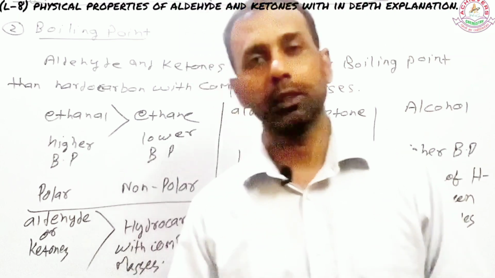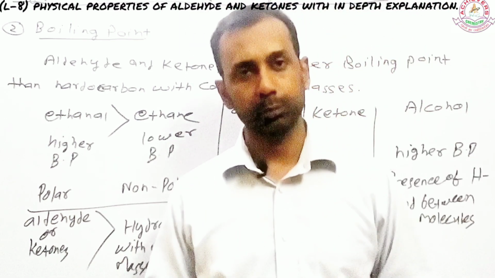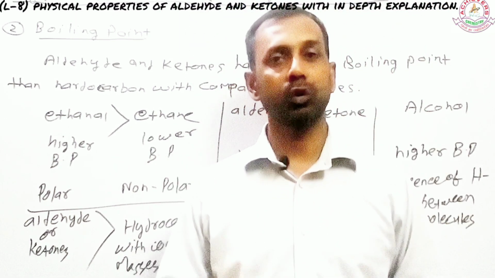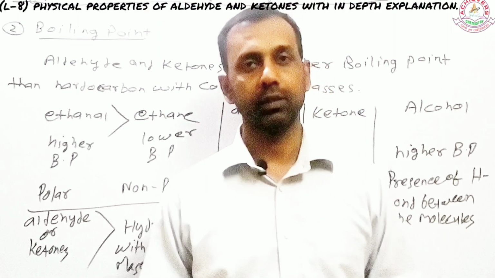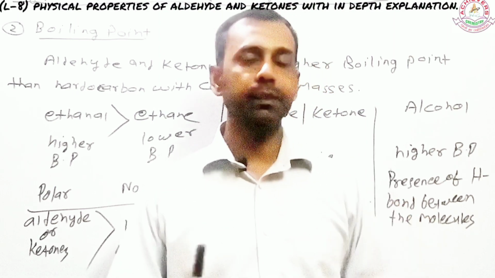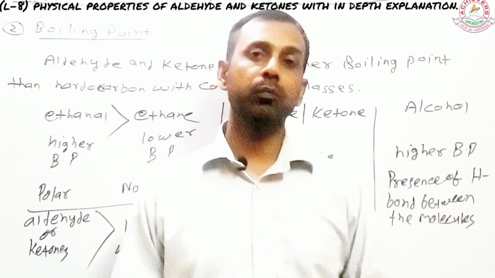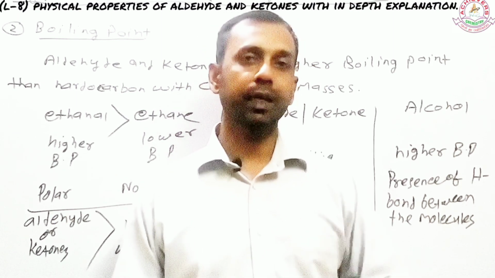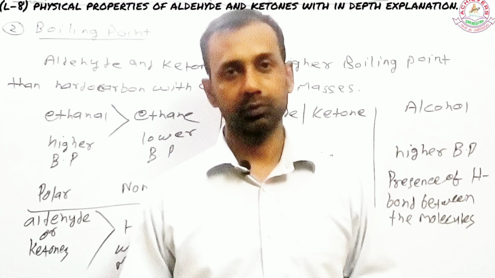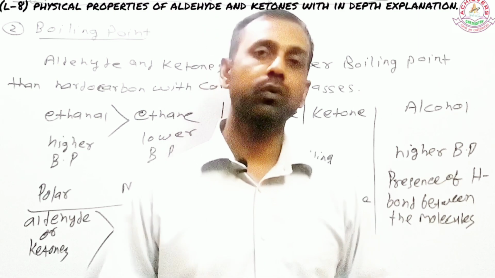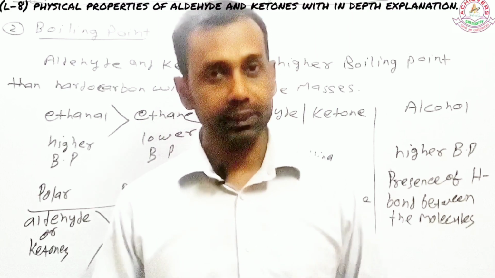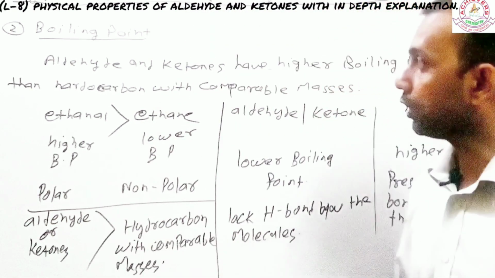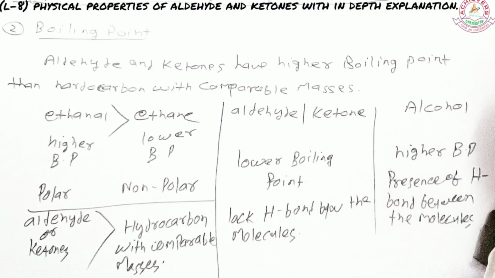Aldehydes and ketones have higher boiling points than hydrocarbons because hydrocarbons are non-polar, but aldehydes and ketones are polar. But when compared with alcohols, the alcohol boiling point is higher because alcohols contain hydrogen bonds, which are absent in aldehydes and ketones. So this is what boiling point is about. Now let's talk about the third property.